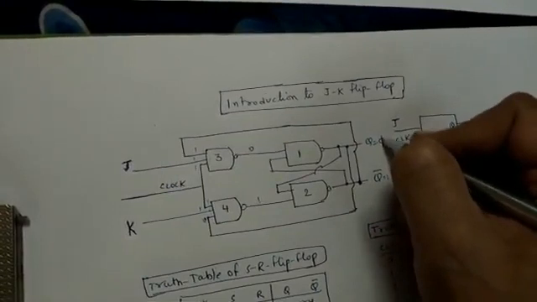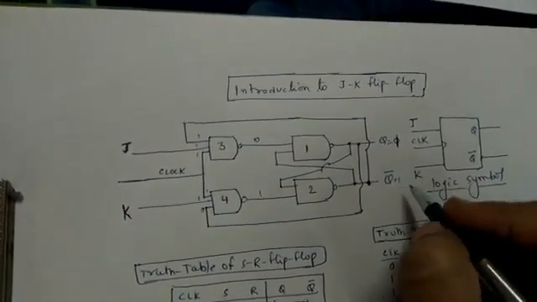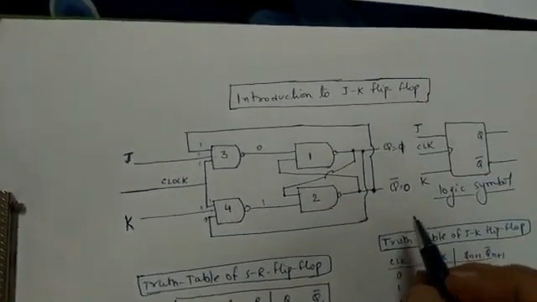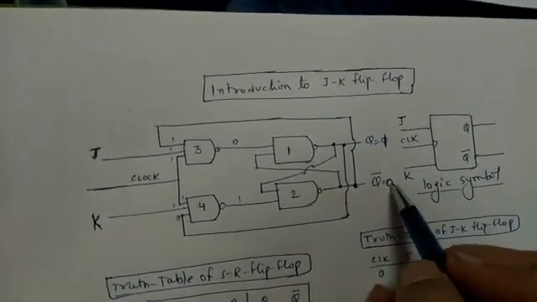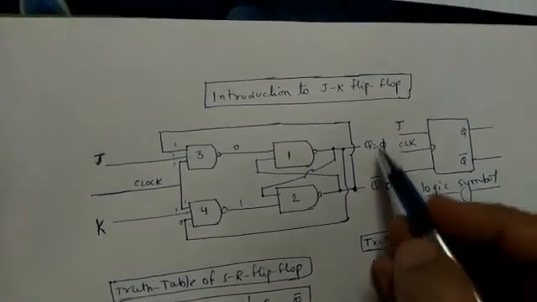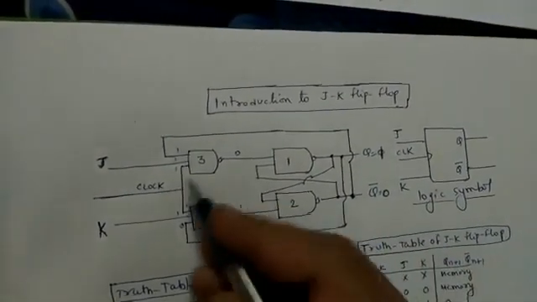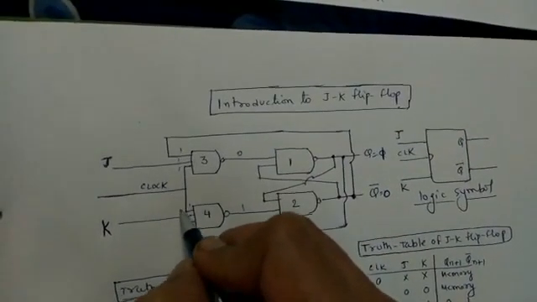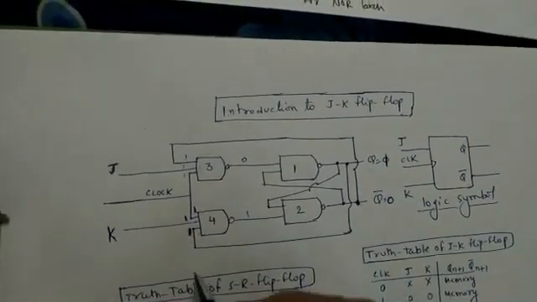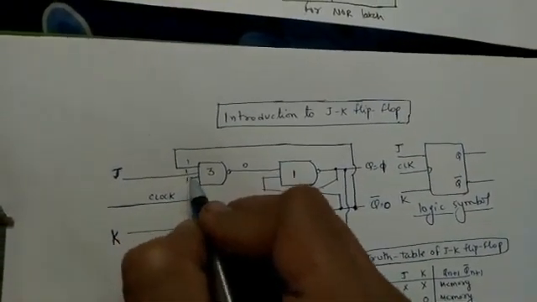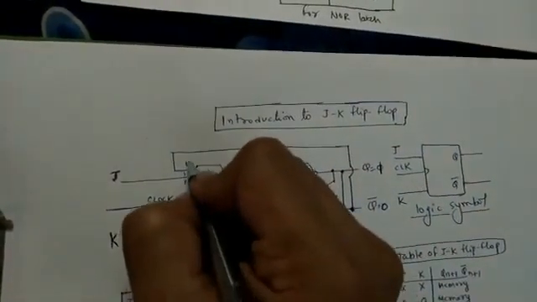Here all these three inputs are 1, and here we will have J as 1, clock as 1, and 0.